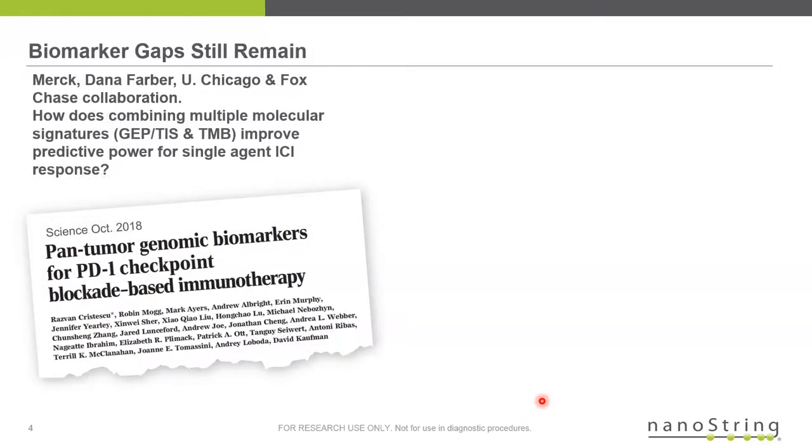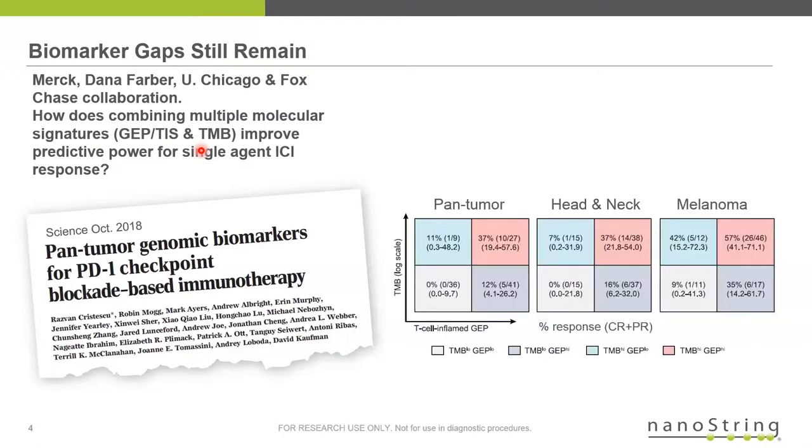Merck then took this a step further, and they integrated both this tumor inflammation score, what we call the TIS, and tumor mutation burden. Essentially they're asking, is the tumor inflamed, and are there large numbers of neoantigens present within the tumor, based on the mutation burden, that would elicit an immune response? Again, they did this looking at their checkpoint therapy.